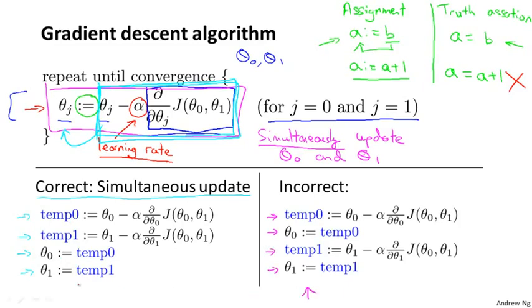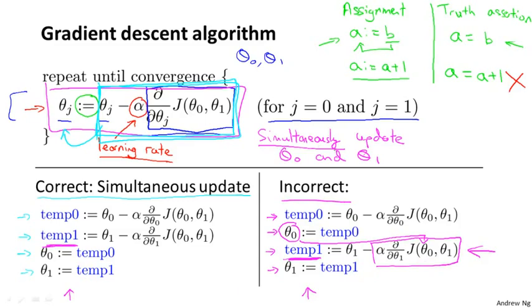And the difference between the right-hand side and the left-hand side implementations is that if you look down here, if you look at this step, if by this time you've already updated theta 0, then you would be using the new value of theta 0 to compute this derivative term. And so this gives you a different value of temp 1 than the left-hand side, right? Because you've now plugged in the new value of theta 0 into this equation. And so this on the right-hand side is not a correct implementation of gradient descent.